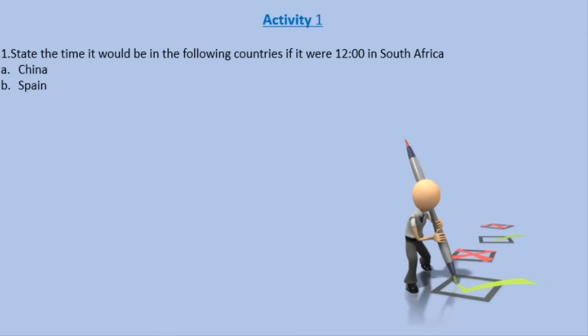Okay guys, so I'm going to attempt to answer this question, whereby we are required to state the time it would be in the following countries if it were 12 o'clock or 12 hours in South Africa. A, it's China.